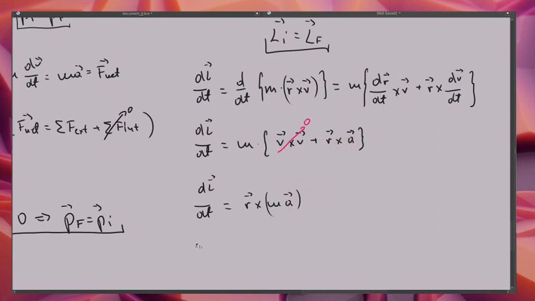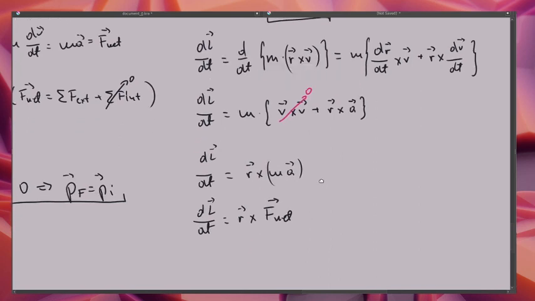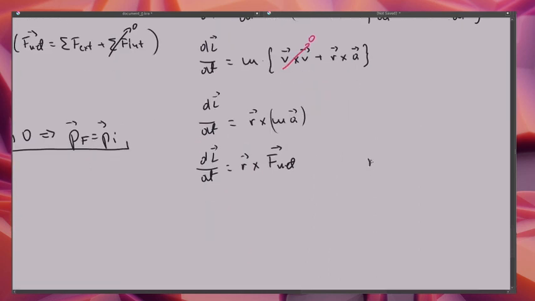And so here what I have is dL/dt equals r cross F net. But what's r cross F? R cross F, that's the definition of torque in vector form.